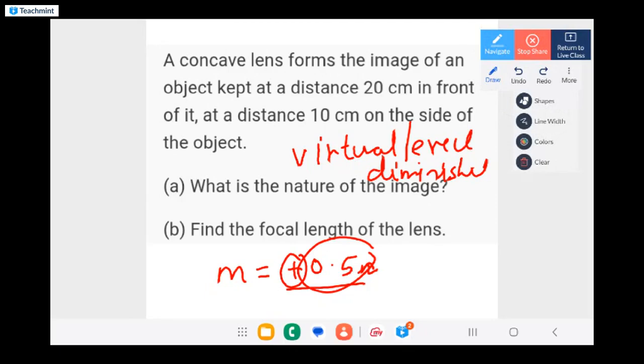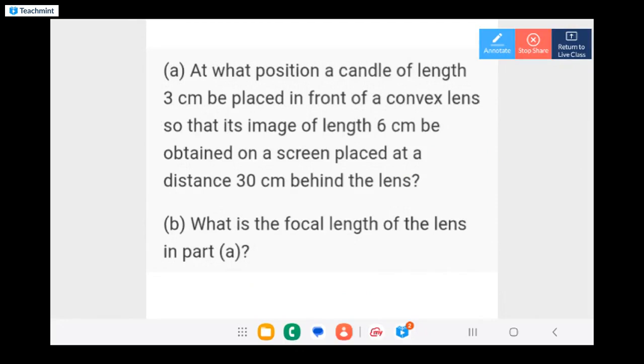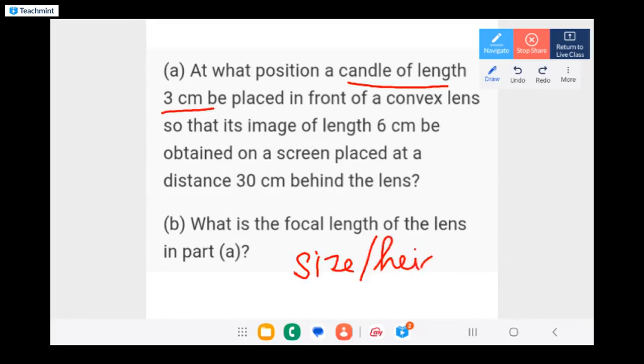We have a question here. At what position a candle of length, now this time the length of the candle is given, that's an extra information. Sometimes that's also termed as size of the object or height of the object. So far whatever questions we were doing, we were only concerned with where the object was kept, that is the position of it.